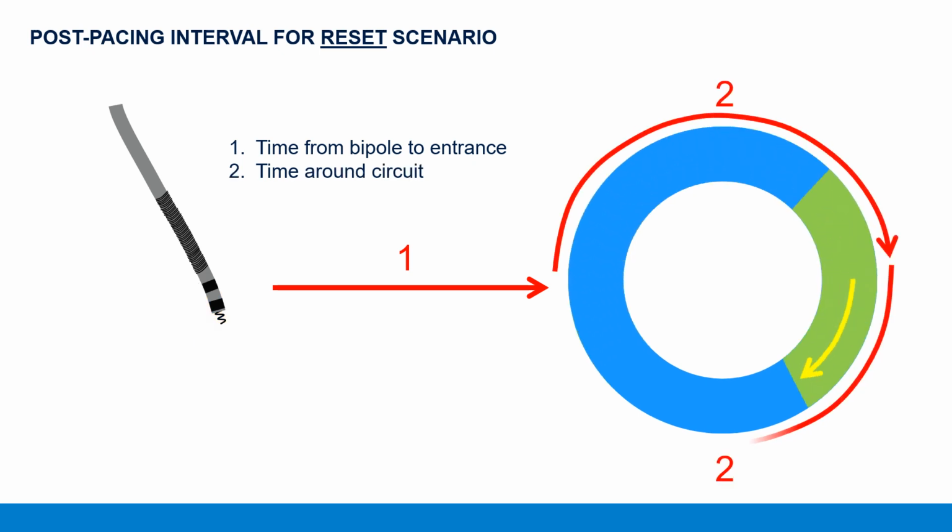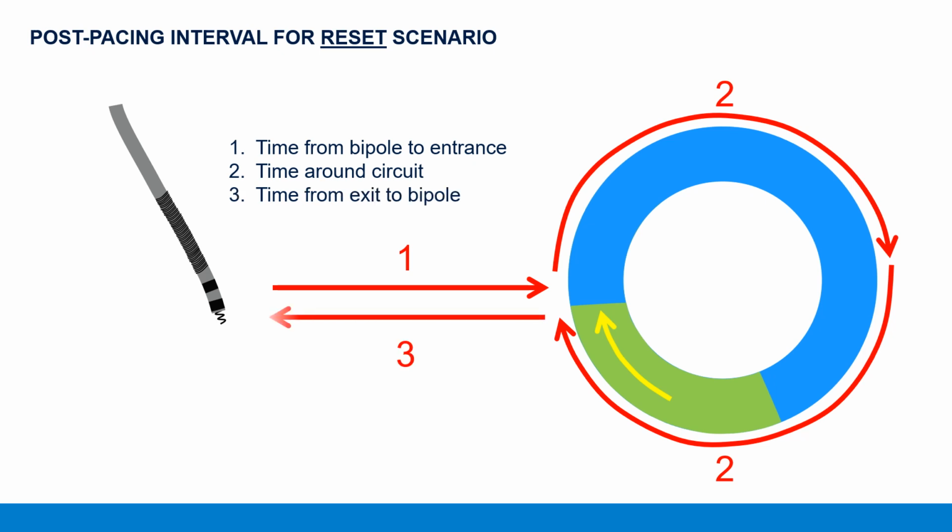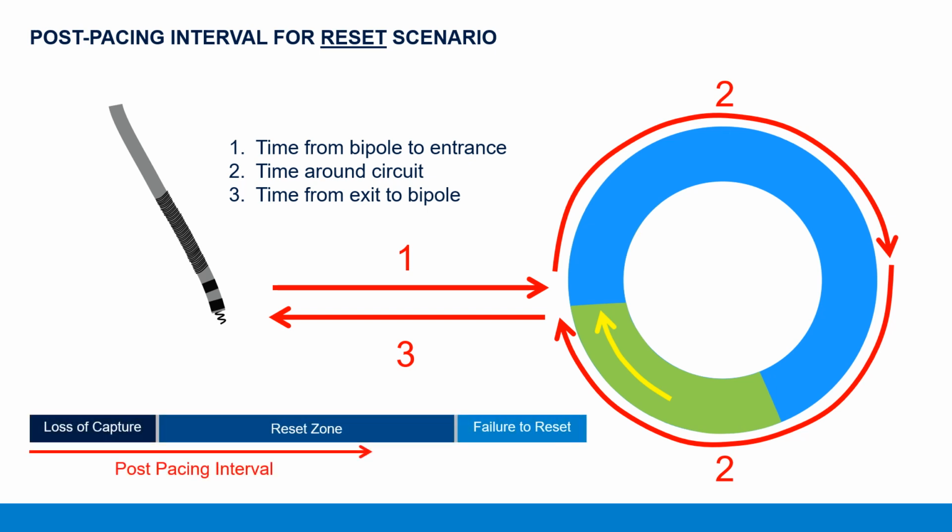The tachycardia will revolve around 1 revolution to get to the exit, having been slightly advanced, by the way, by that last pacing pulse. And then the wavefront will launch back from the exit site toward the lead to be sensed by the device. We reviewed this earlier, and that'll give you an intermediate post-pacing interval time period, and it falls in this reset zone, which again we're going to review shortly.